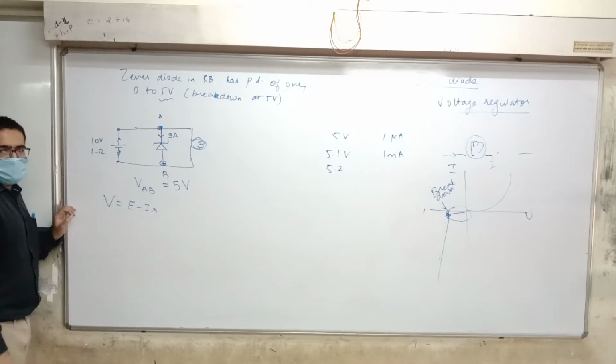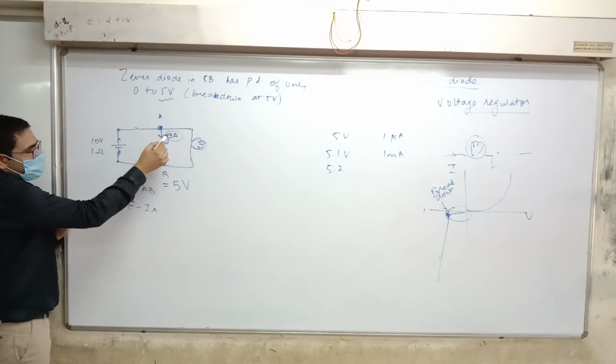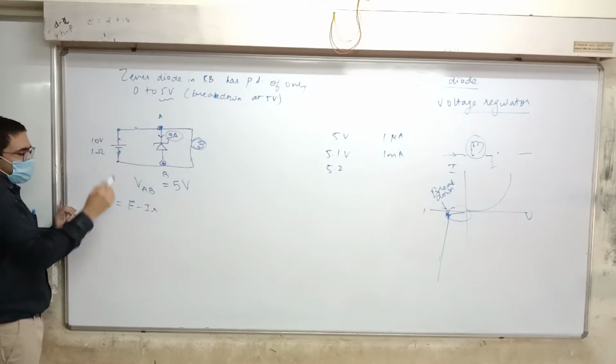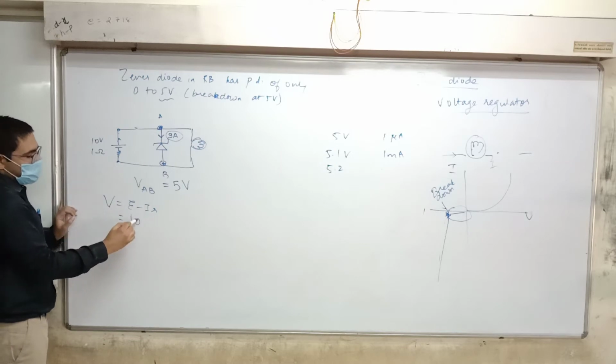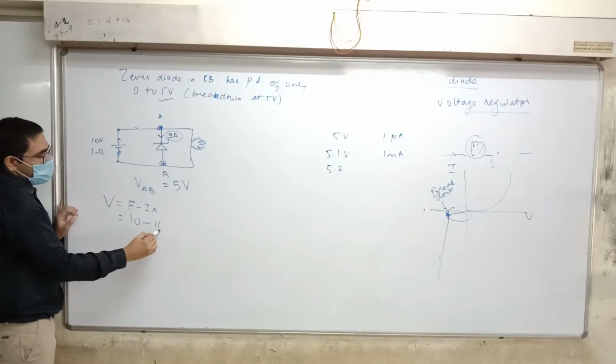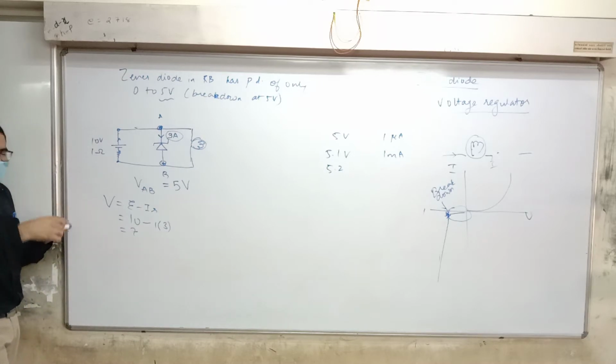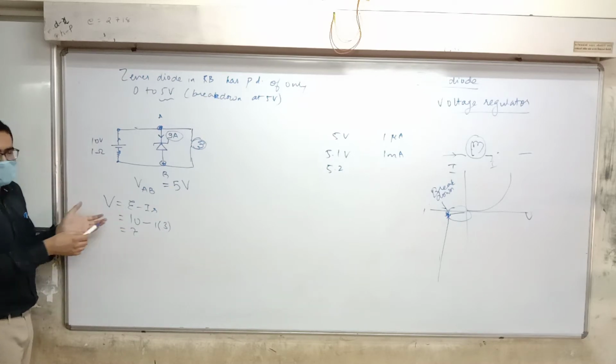Because of this high current flowing, where does this current come from? Ultimately from the battery. Because of the high current, the terminal voltage will become 10 minus 1 into 3, so it decreases again. Make sense? I've just given you an example with numbers.